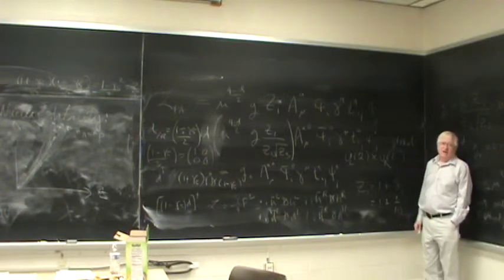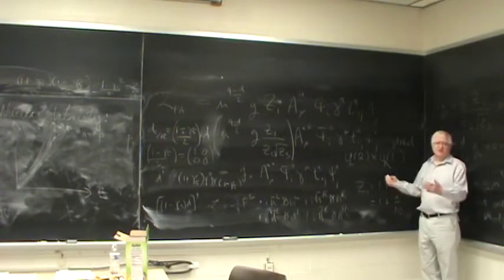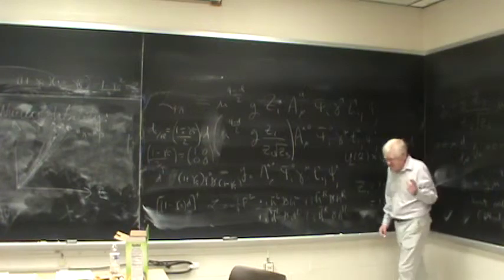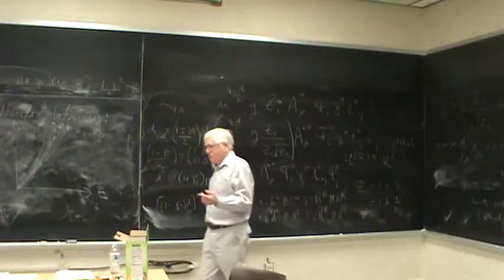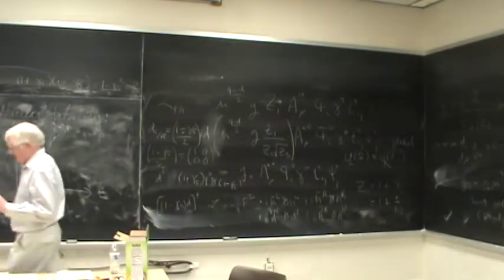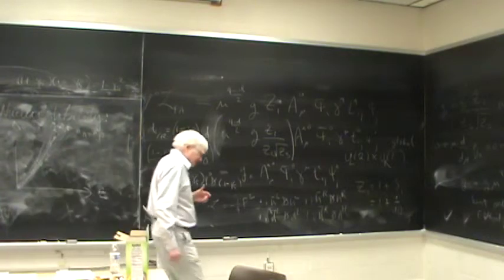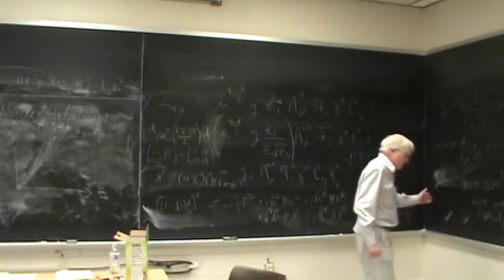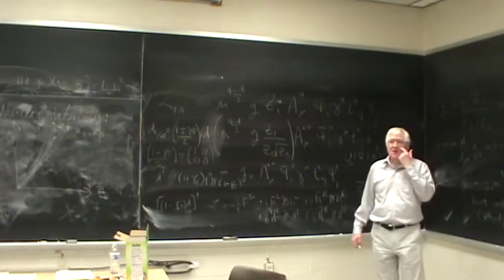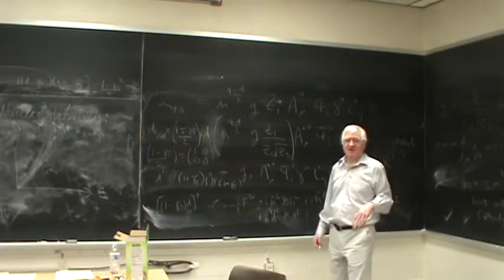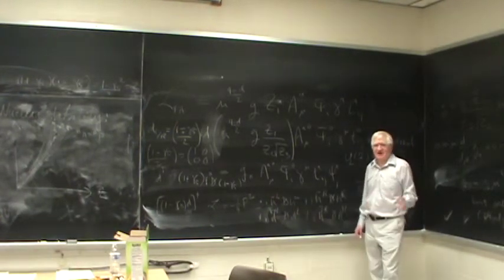And of course, U2 is U1 cross SU2. Now, U1s are problems. U1 symmetries often have something called anomalies. And anomalies frighten people. And so we're going to avoid talking about anomalies until the weather gets warm enough so that we don't care.